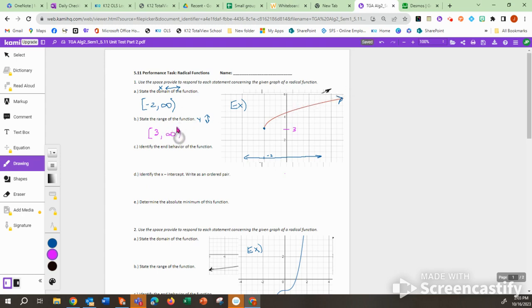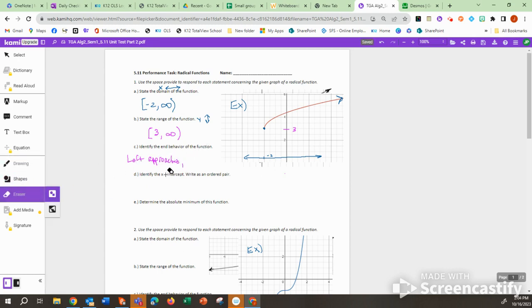And then we always use a parentheses on infinity because infinity is not an exact number, it is a destination. On the end behavior, you can talk to me in terms of left side and right side. So the left side of your graph stops at 3. So you can say left approaches 3. I like the word approaches. The left-hand side of your graph approaches 3.